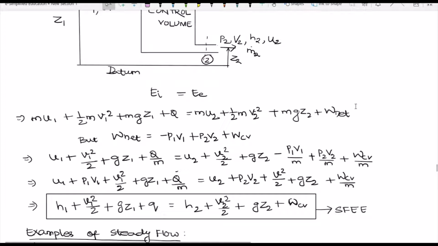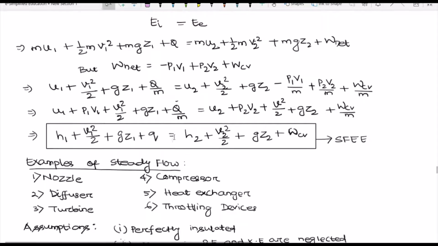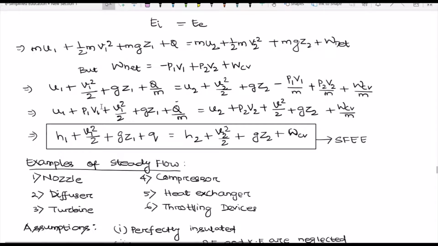If we substitute this expression in place of W net, then we get u1 plus v1 square by 2 plus g z1, and I have divided by the mass in each expression, so Q by m, equals u2 plus v2 square by 2 plus g z2, and I have replaced W net with the expression.